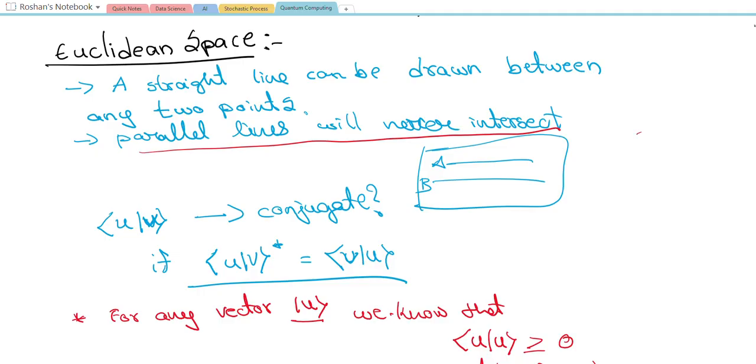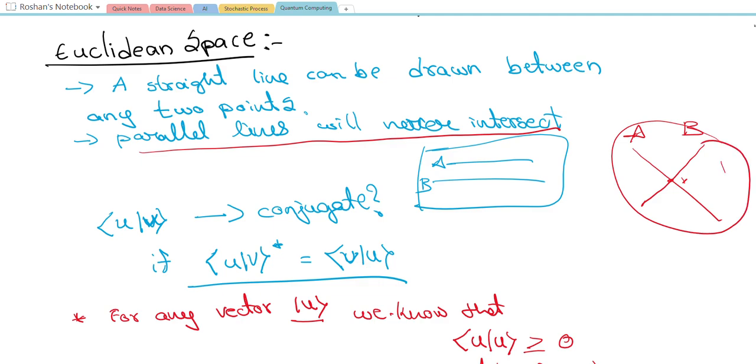Which means if we have line A and line B, and line A and line B intersect at some point x, then this is not considered a Euclidean space. You can see here line A and line B are straight lines, but both are not intersecting together. So it is a Euclidean space.